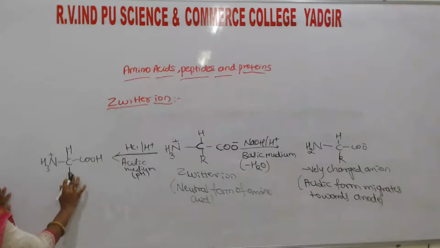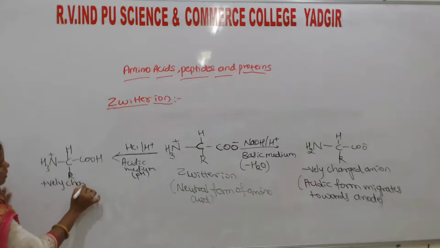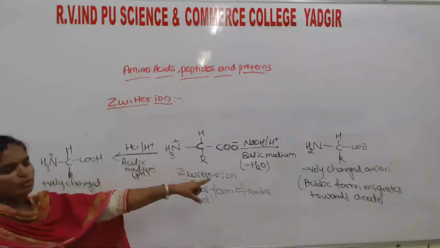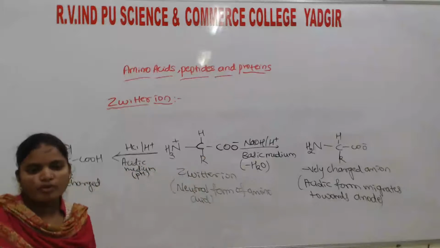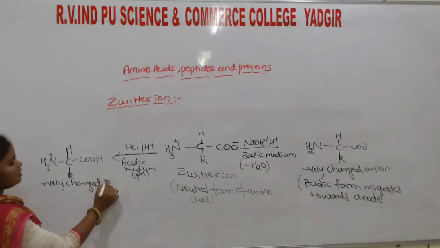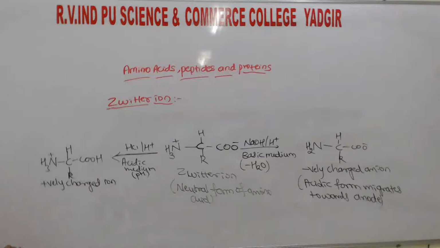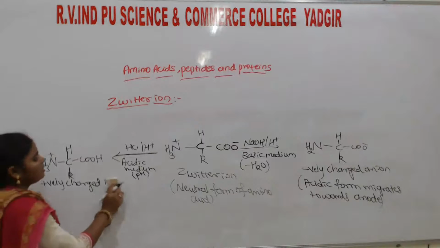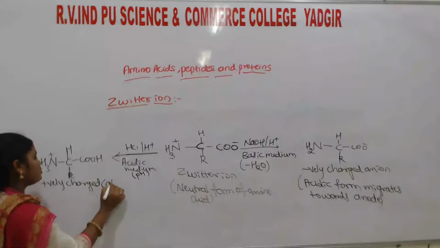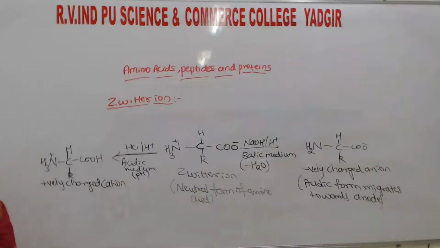On that side there is no positive charge, only negative charge. Here is the positively charged ion, the cation. On that side it is written as the anion.